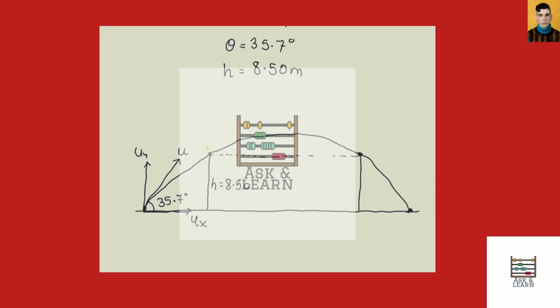So here there will be a time t1, at which it hits the height h equal to 8.50 meters. Time will elapse, and at a later time it will again come to that height of 8.50 meters. So we have to find these two times. Now let us solve it.